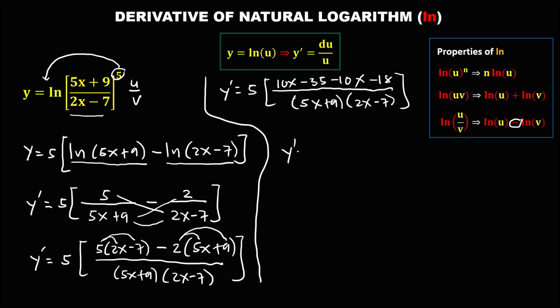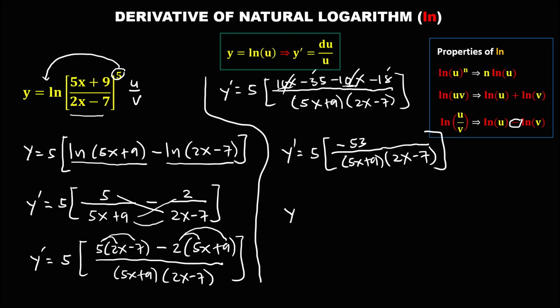Then we have y prime equals 5 times, combine like terms. Observe that positive 10x and negative 10x, this one is 0. Negative 35, negative 18, the same sign, so you add, this one is negative 53, over 5x plus 9 times 2x minus 7.